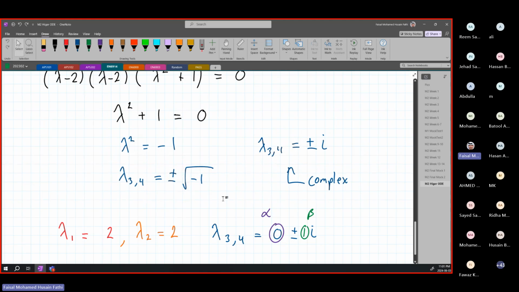Because we have minus 1 in the square root, remember that the square root of minus 1 is equal to j or I. In this case, you guys are using I, so let me keep it as I. Okay? It is a complex number. But because it's under the square root, we are going to have plus and minus in the case of finding for lambda. So it's going to be plus minus I.